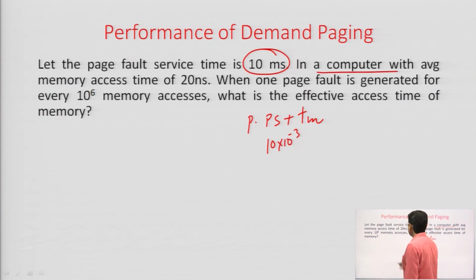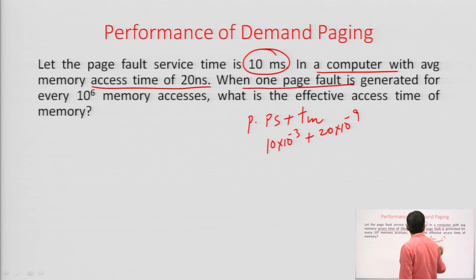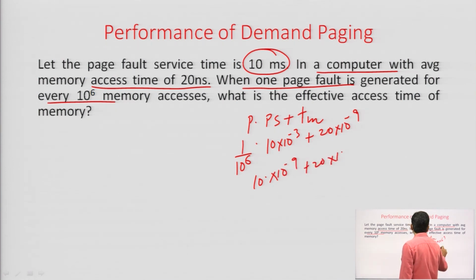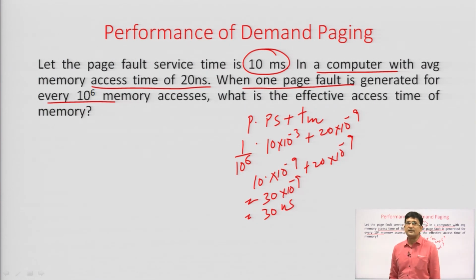In a computer system with an average memory access time of 20 nanoseconds, Tm is 20 into 10 raised to the power minus 9. When one page fault is generated for every 10 raised to the power 6 memory references, that is the page fault rate. So this is 10 into 10 raised to the power minus 9 plus 20 into 10 raised to the power minus 9. This will be 30 into 10 raised to the power minus 9. It means 30 nanoseconds is the effective memory access time.